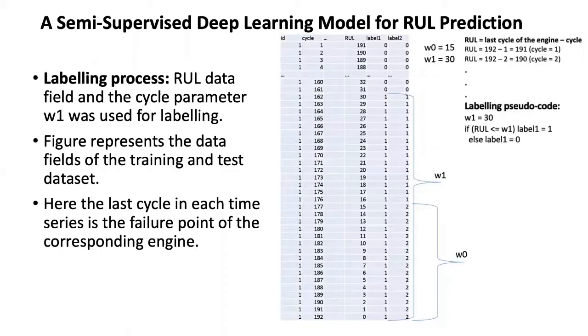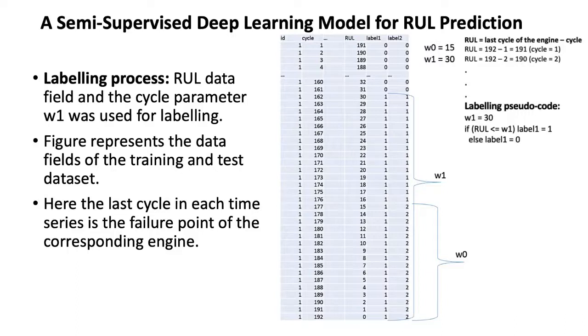We add the remaining useful life data field by calculating it with a subtraction method. Remaining useful life is found by the last cycle of the engine minus the cycle number, and at the end of this process, we get label 1 and label 2 for a classification model.